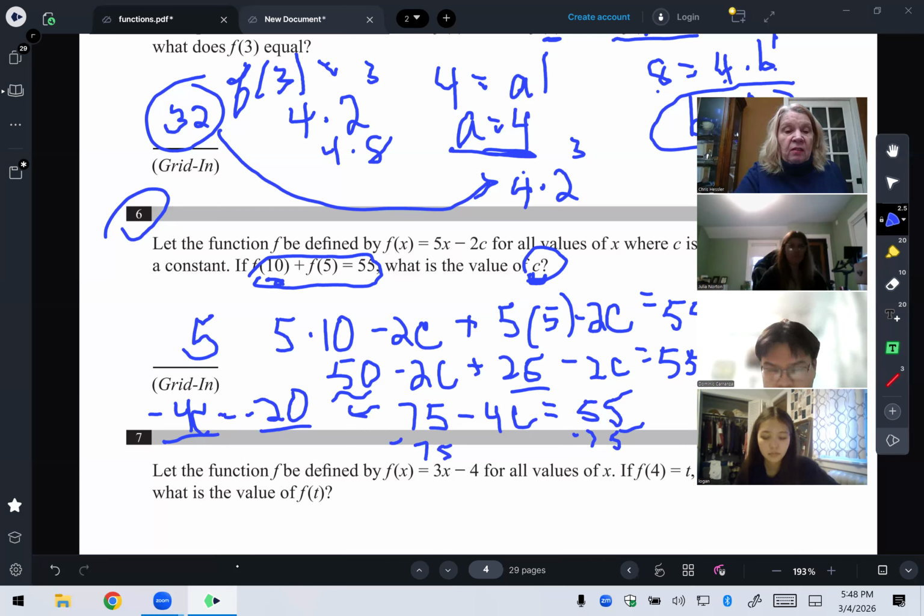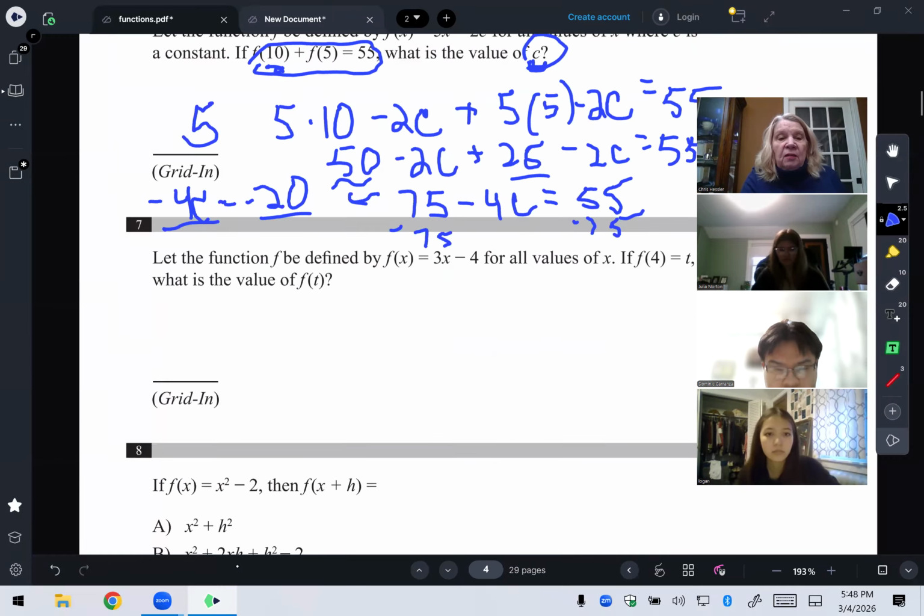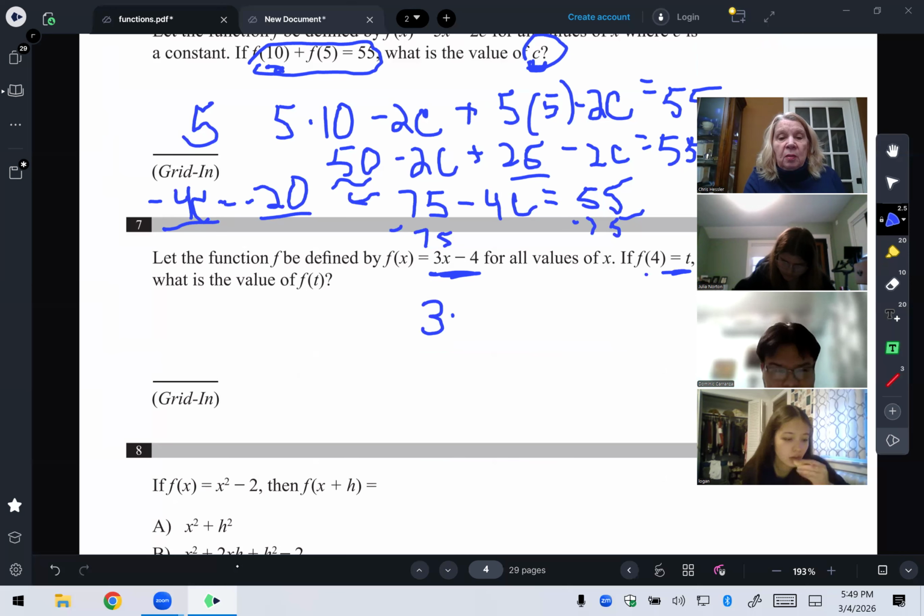So number 7 says, let the function f be defined by f of x equals 3x minus 4 for all values of x. So if we put in a 4, that'll be 3 times 4 minus 4. 12 minus 4 is 8.